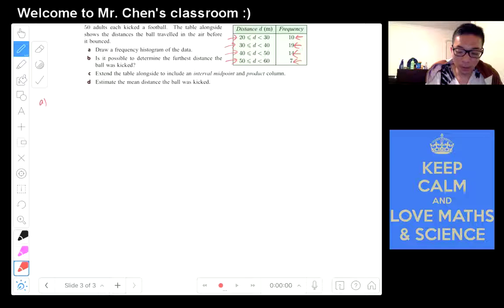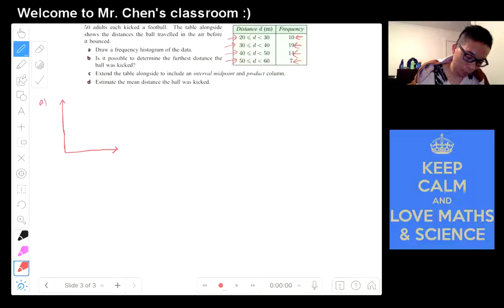So frequency histogram, it is like a column graph without the gap. No gap in between. So let's start. I'm going to draw this. As you know, this is always your frequency.